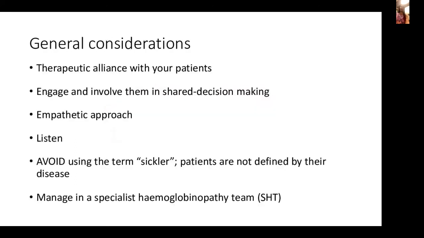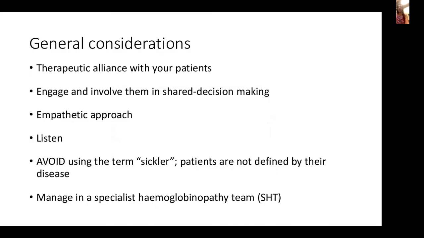And I just want to talk about general considerations. With any chronic patients, you're having a therapeutic alliance with your patients. It's really important to engage them in shared decision making, because an engaged patient is going to be better for them and also for you, because you'll be working together.